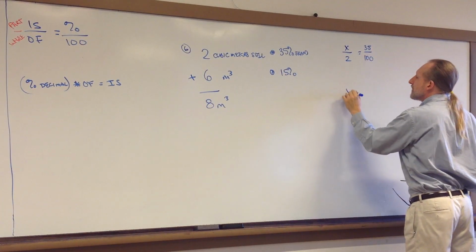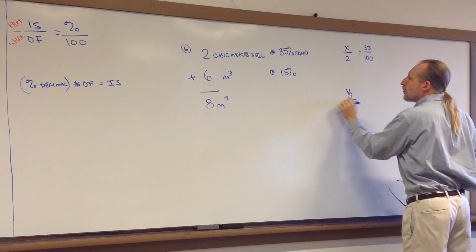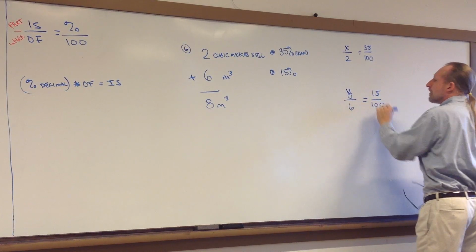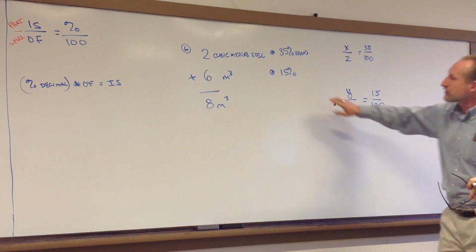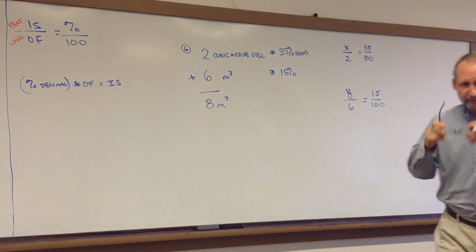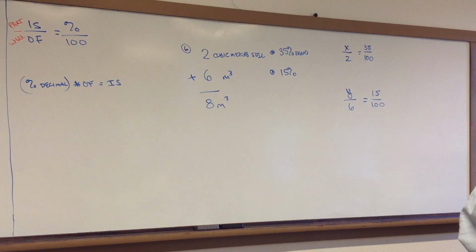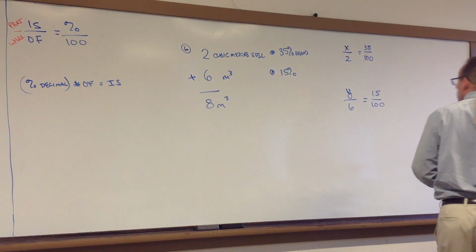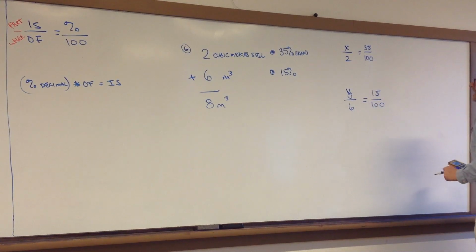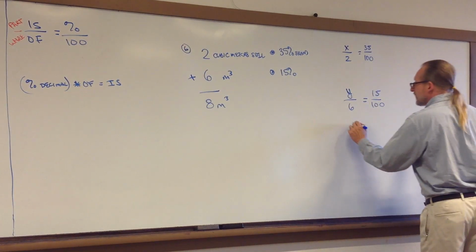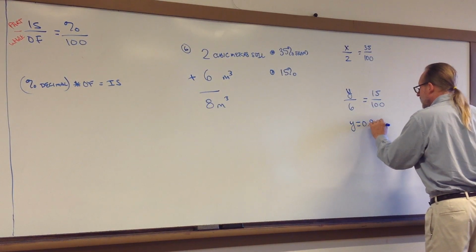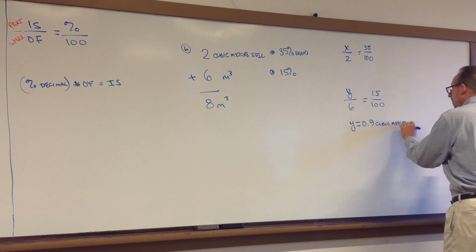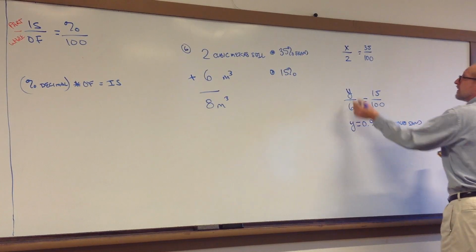In the second scenario, we're looking for a part. I'll use y here, y over 6 equals 15 over 100. The whole is the 6 cubic meters. The percentage is 15. So if we multiply 6 times 15 and divide by 100, we get 0.9 cubic meters of sand in this one.